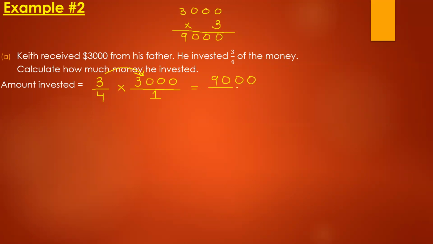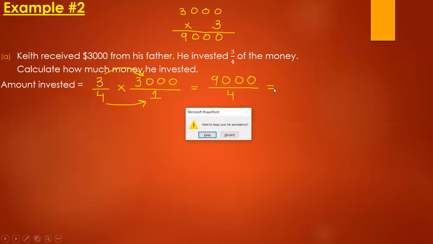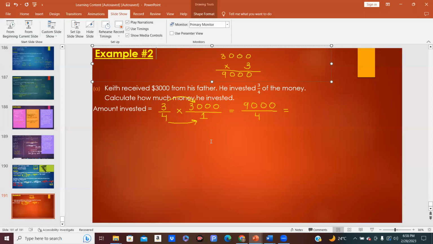9,000 divided by how much? 4. Very good. 4 times 1 is 4. Good. Now we have 9,000 over 4. Now we have to divide that. So this is where I'm going to need you to divide properly.